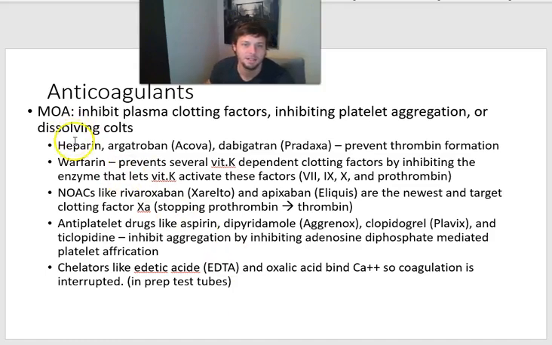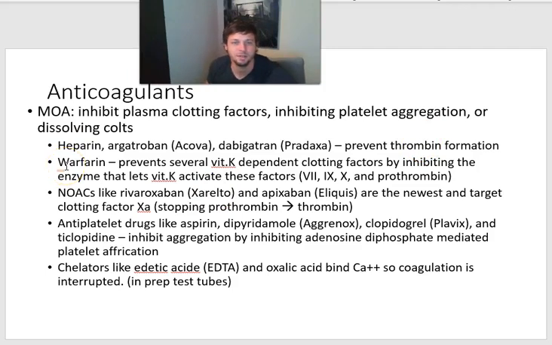So heparin is probably one of the best well-known anticoagulants. Heparin is naturally produced in your body. We'll talk about this one a little bit more in detail in a bit. But what it does is it prevents thrombin formation, which then prevents fibrin, so on down the line.